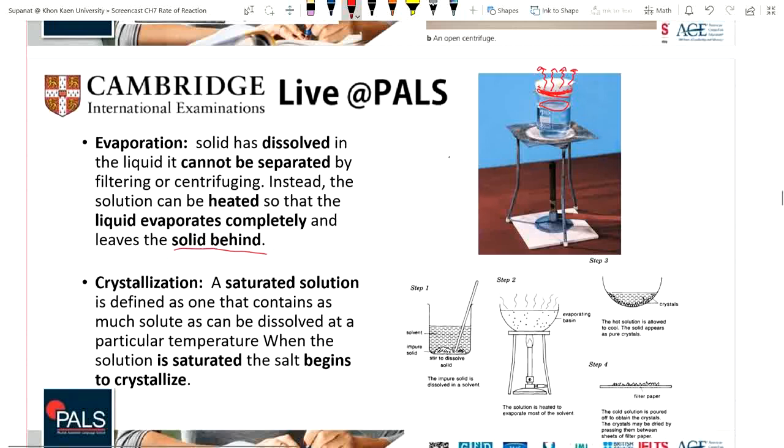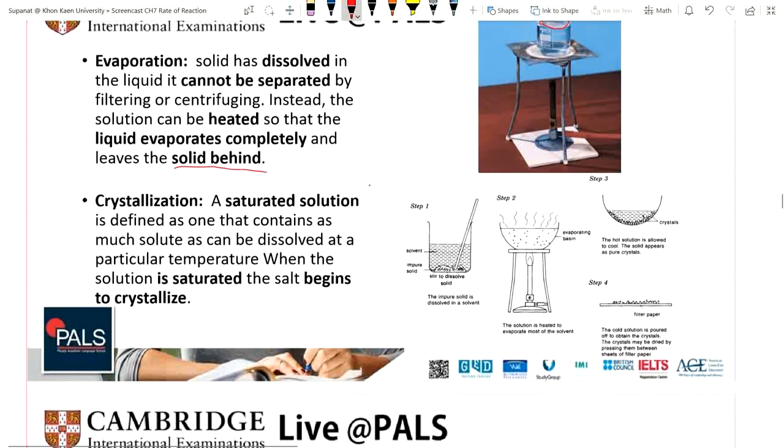Another thing is crystallization. A saturated solution is defined as one that contains as much solute as can be dissolved at a particular temperature. And when the solution is saturated, the salt begins to crystallize. So let's have a look at how to crystallize the solution.